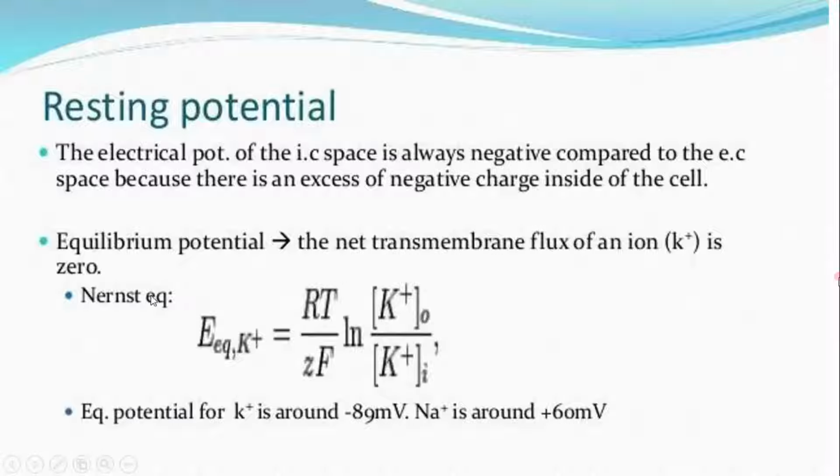It is explained by the Nernst equation. So the Nernst potential for potassium is equal to RT by ZF, where Z is the valency, times the natural logarithm of potassium outside by potassium inside. If this is a negative ion, that is an anion, then what will happen? This is a logarithm, so that will be inside by outside. So this is the Nernst equation.